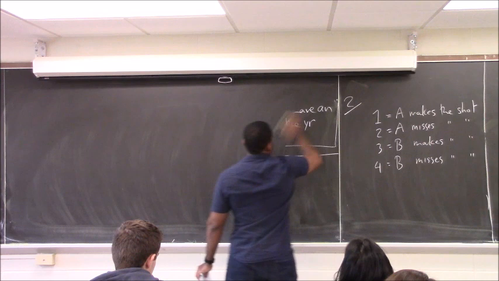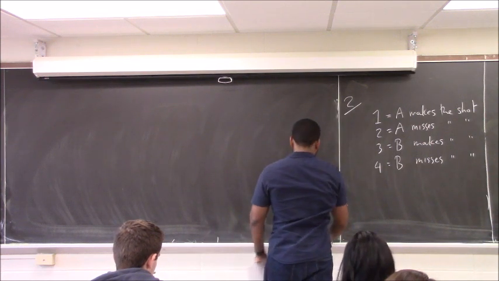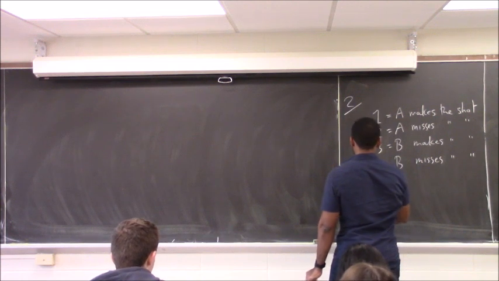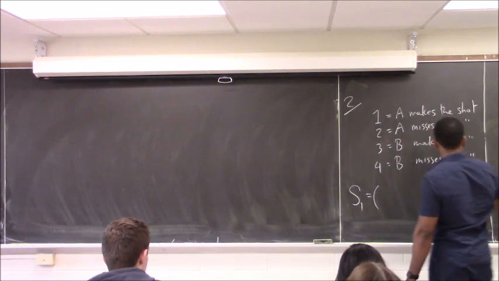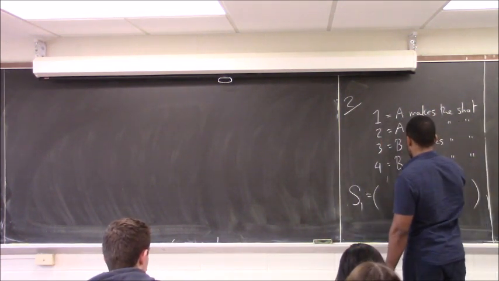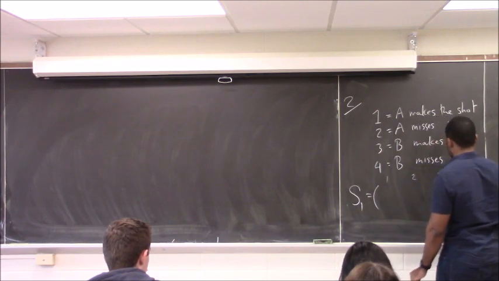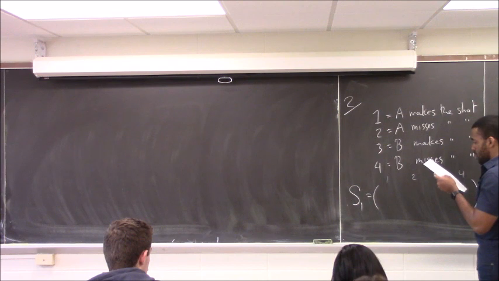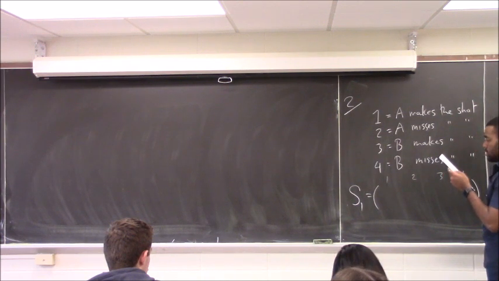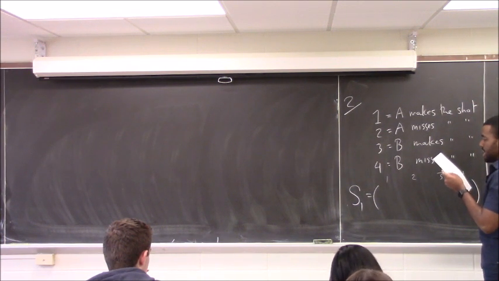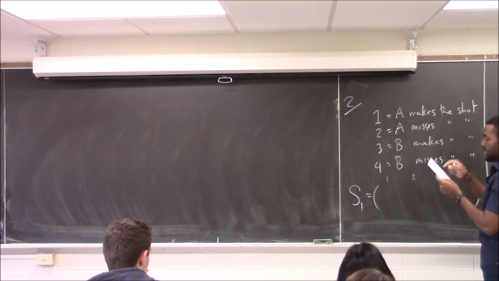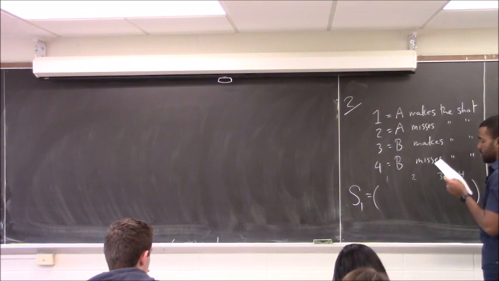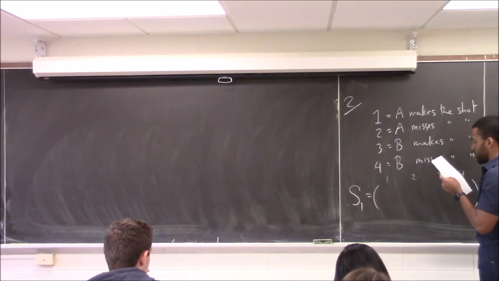So the initial state, if I had to do 1, 2, 3, 4. Player A goes first, we are told that right here. So if player A goes first, what is the situation after the first round?